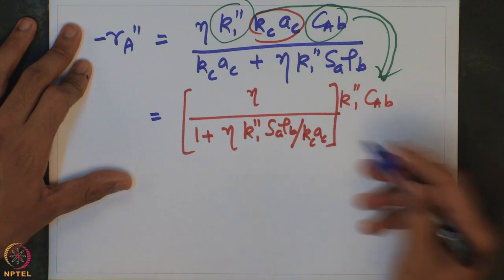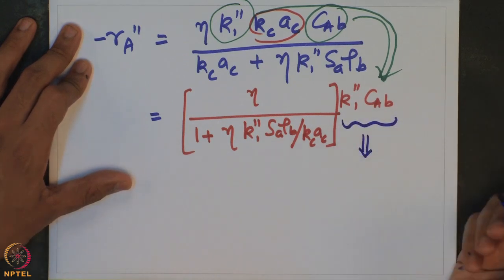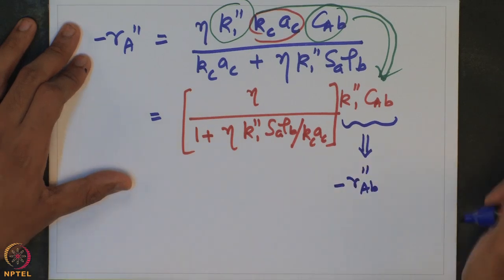What do these two terms correspond to? This is essentially the intrinsic rate. If I now define a rate based on bulk conditions, because it is a first order reaction, this is nothing but Ra based on the bulk conditions, which is the intrinsic rate constant multiplied by the concentration of the species in the bulk.